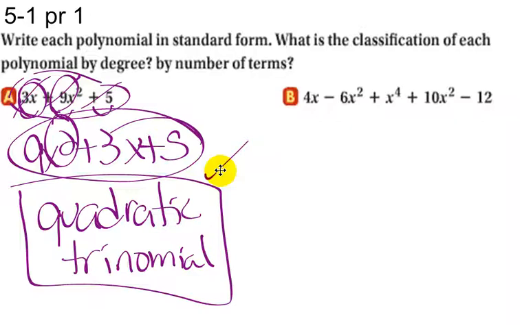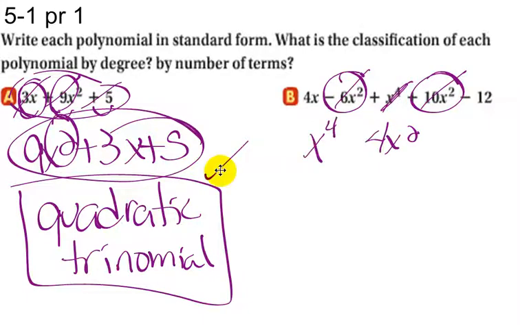On the next one, we've got several terms. Notice that we have like terms as well. So these combine to make a 4x squared. And then we've got x to the 4th power. I'm going to put it up front. 4x would be behind here. And a minus 12.